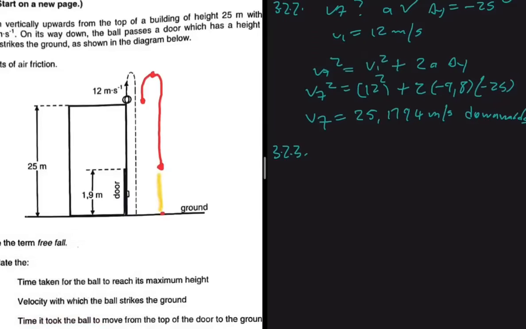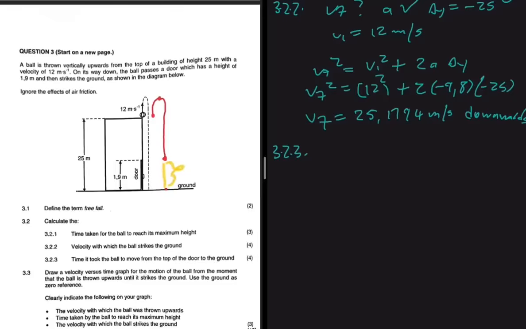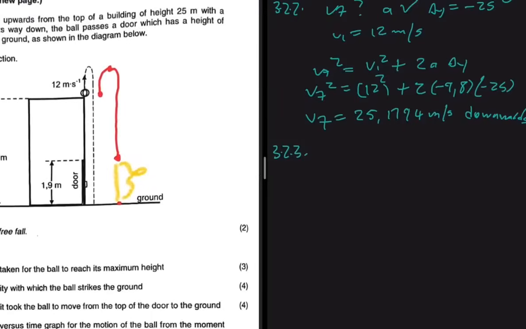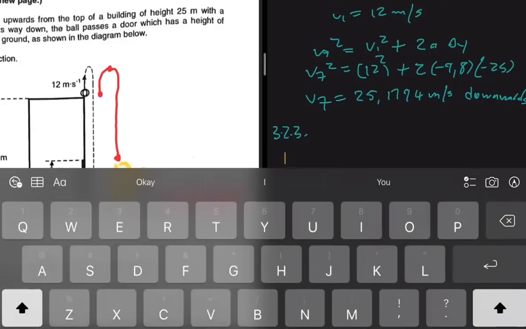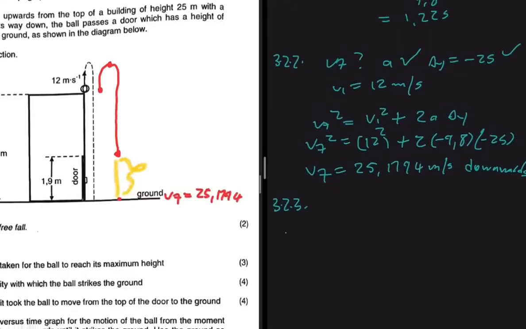So we're looking for the time that it takes for the ball to move from the top of the door to the ground. Now let's fill in the information we have and see how we can solve this problem. Here we have a VF, which equals 25.1794.